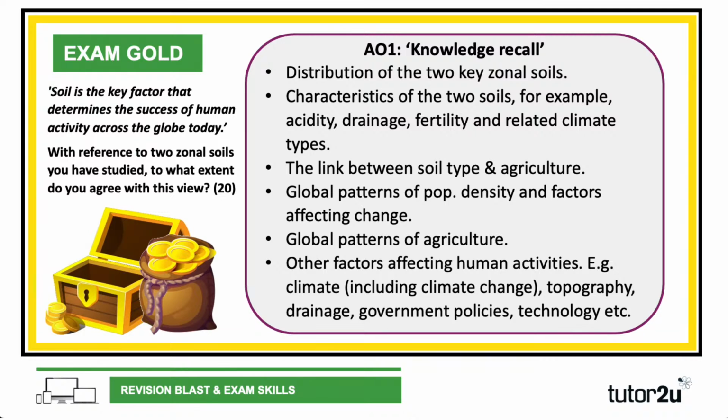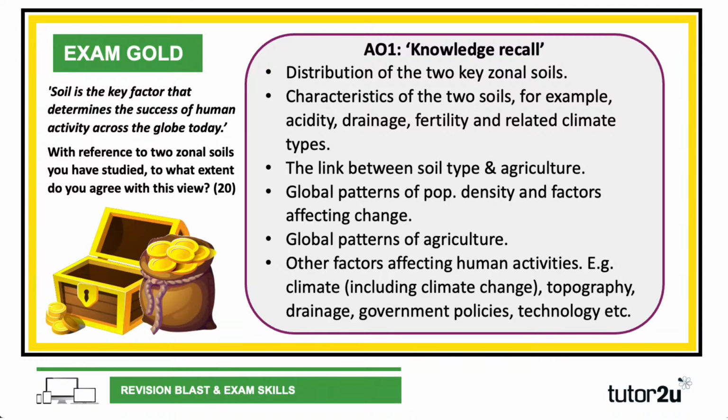So these are the sorts of things you might be looking to express: quickly linking soils to the success of agriculture, perhaps also linking it to population density, but also thinking about other factors such as climate and climate change, topography, which is obviously tied in with soils, as is drainage, but then potentially bringing in some human factors as well.